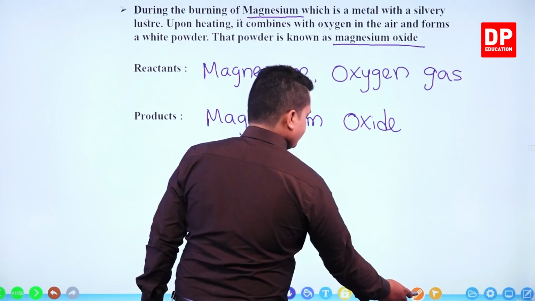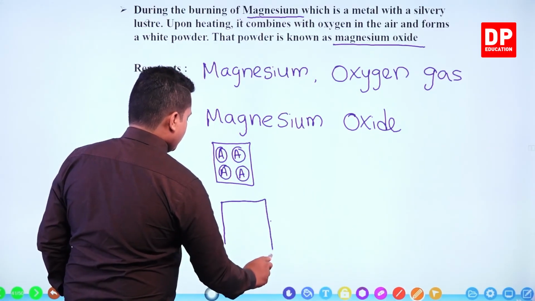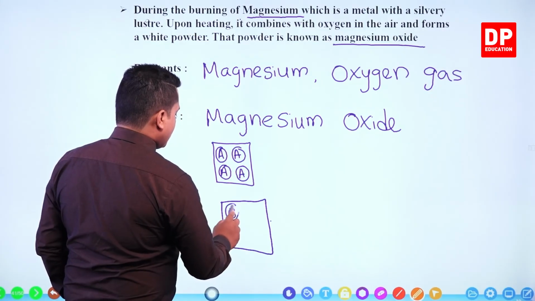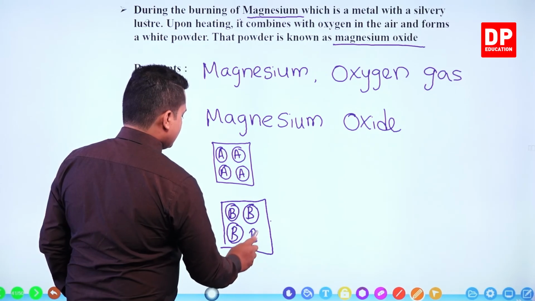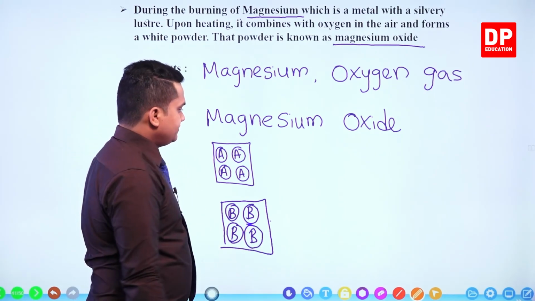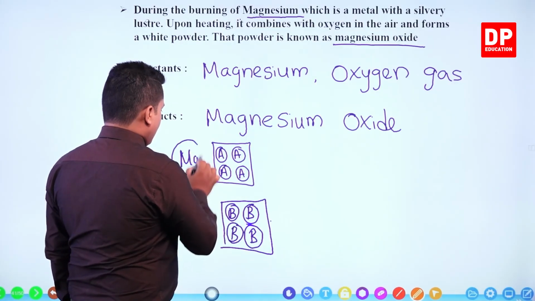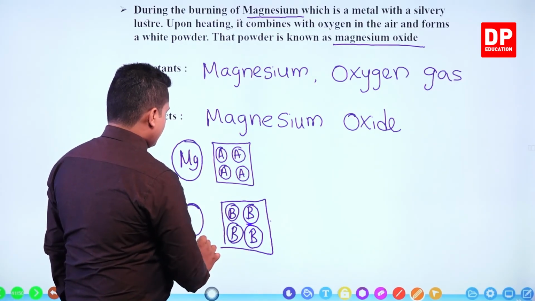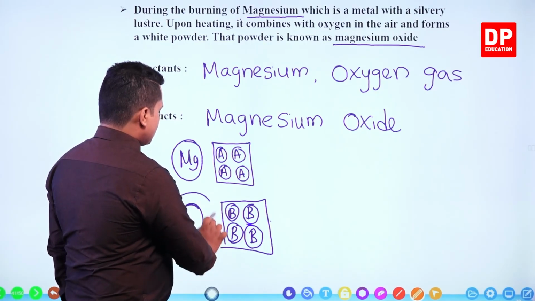Then there is oxygen made up of B particles. This is magnesium made up of A particles, and this is oxygen made up of B particles.